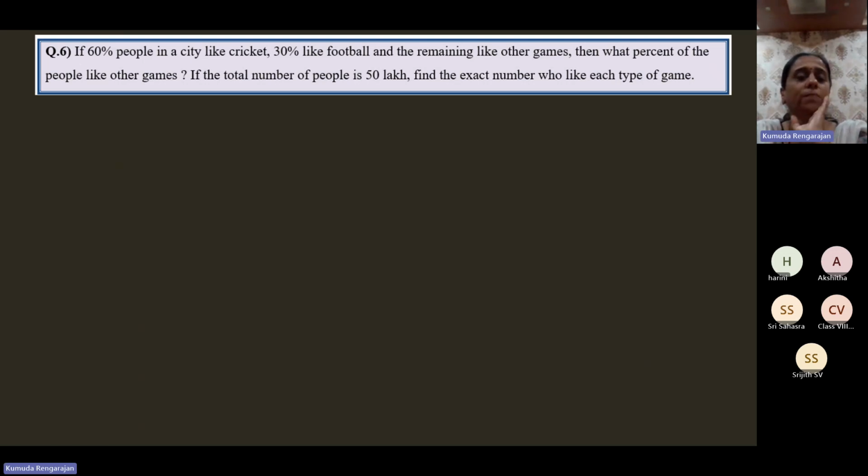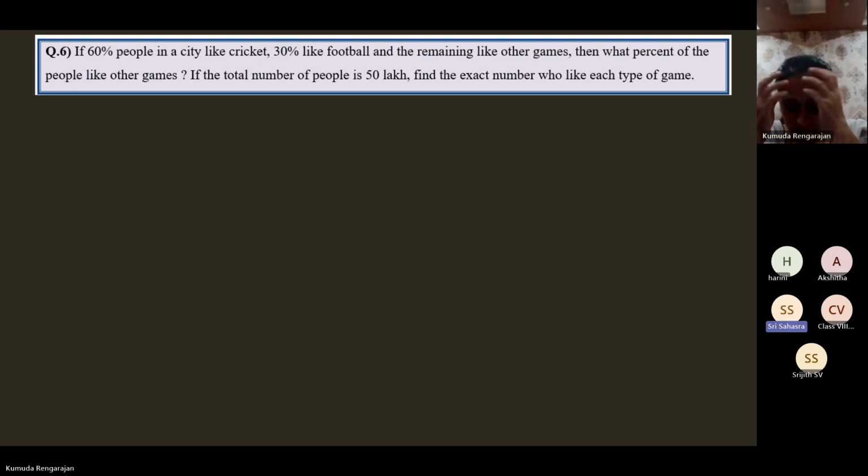See the next one. If 60% of people in a city like cricket, 30% like football, and the remaining like other games, so Sahasra, what percentage like other games? 100 is the total, the percentage.